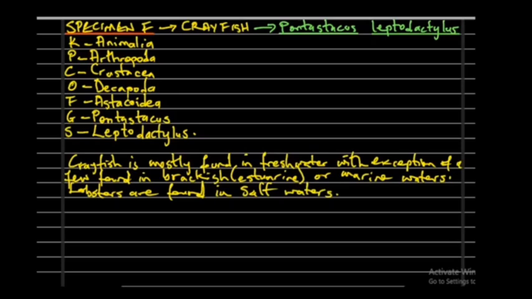Looking at this particular organism, let's just say a few of the characteristics. It has a head that is joined with the thorax, and that is why we call it the cephalothorax.